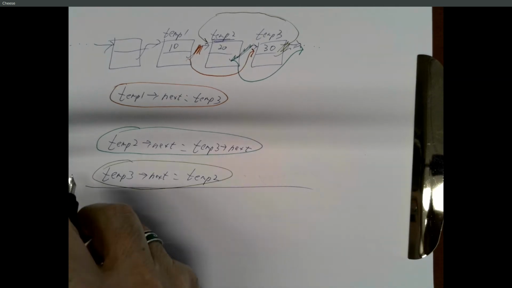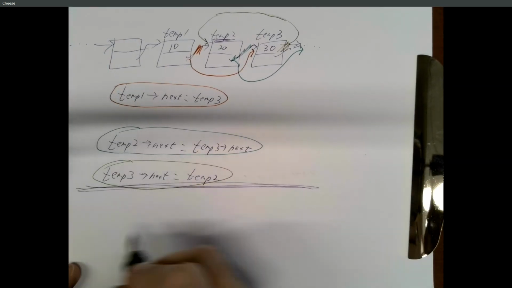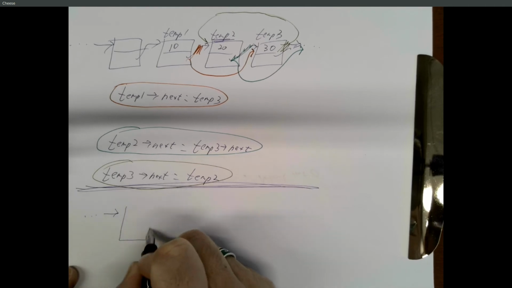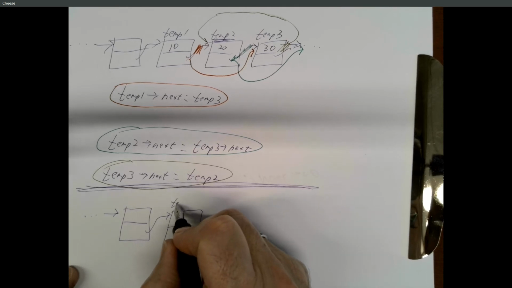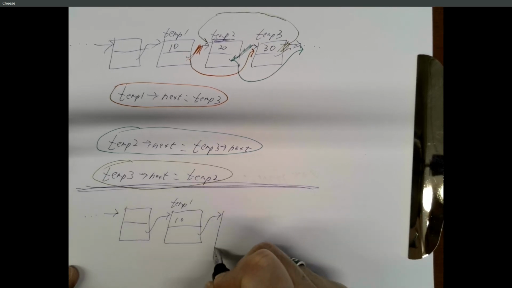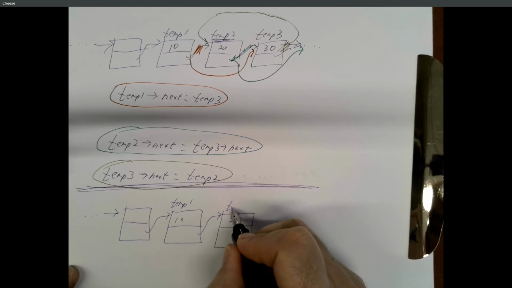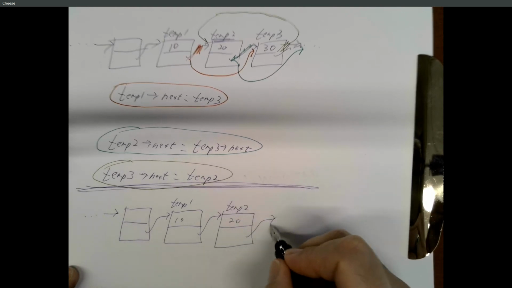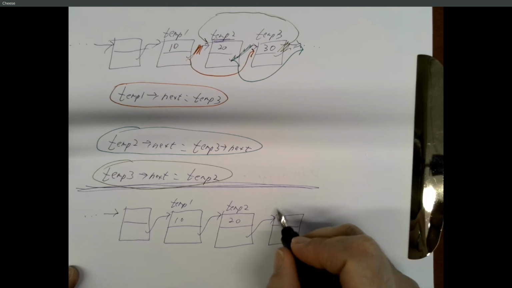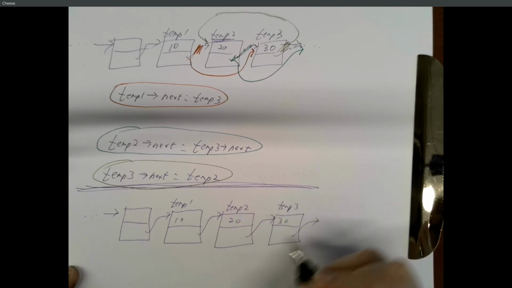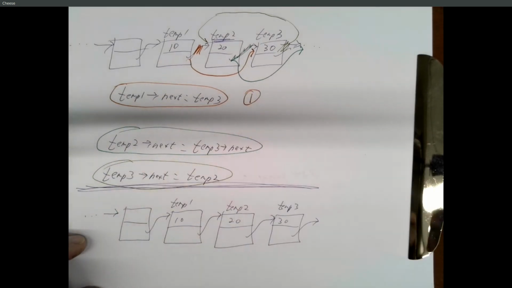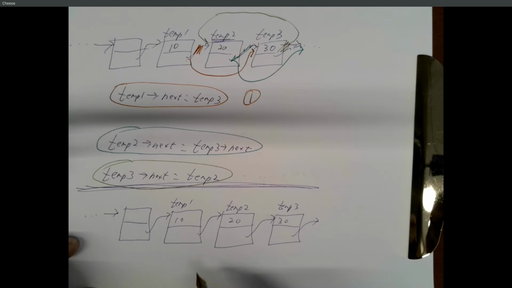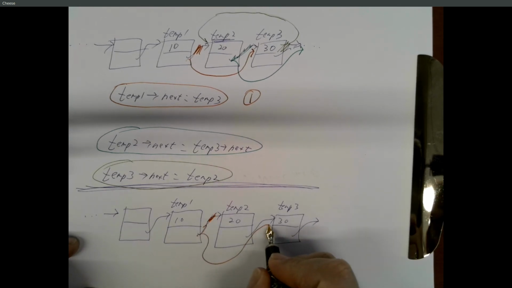Now suppose we did this differently. So suppose we do this first. Temp1 next equals temp3. Okay, temp1 points to temp3.